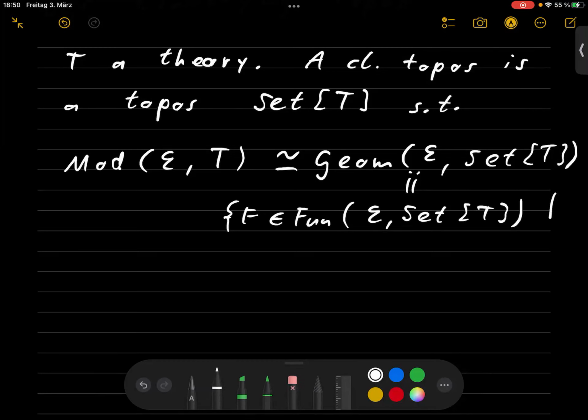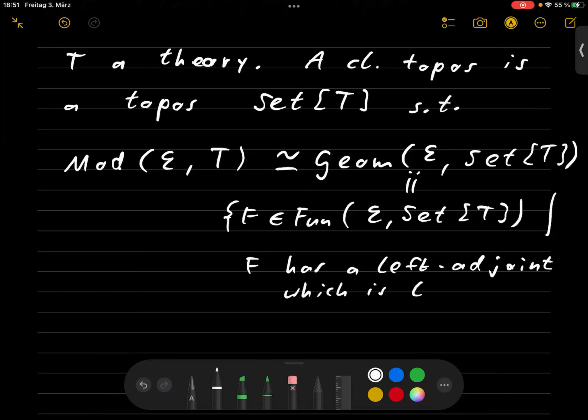And this is such that F has a left adjoint which is left exact. This means it commutes with finite limits.